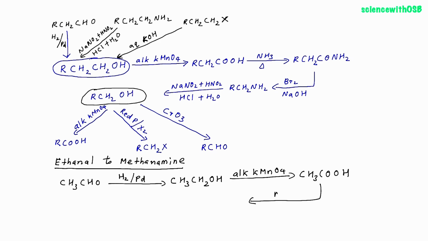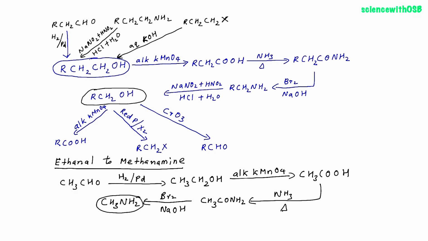So add NH3, heating, losing water, you will be getting CH3CONH2. Now followed by Hofmann bromide reaction, right? Br2, NaOH, you will be getting what? CH3NH2. So what is that? Methanamine. From ethanal we got methanamine.